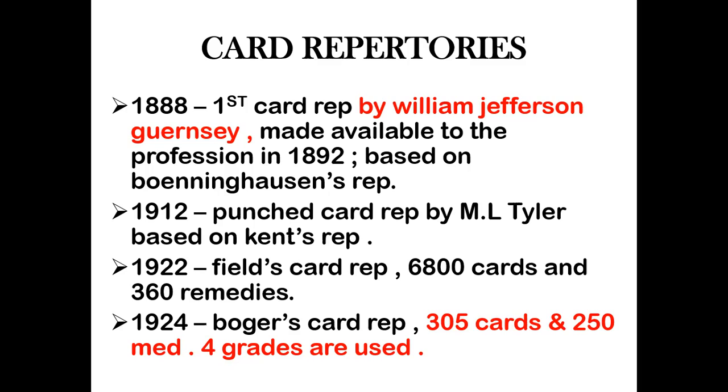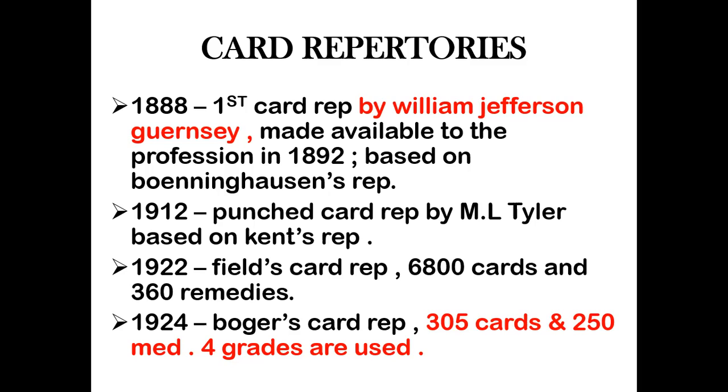Made available to the profession in 1892, based on Boenninghausen's repertory. In 1912, punch card repertory by Emil Tyler, based on Kent's repertory. In 1922, Field's card repertory, containing 6800 cards and 360 remedies.